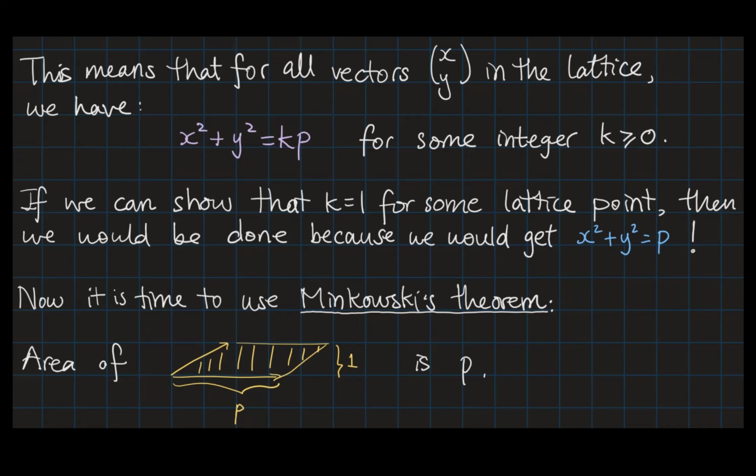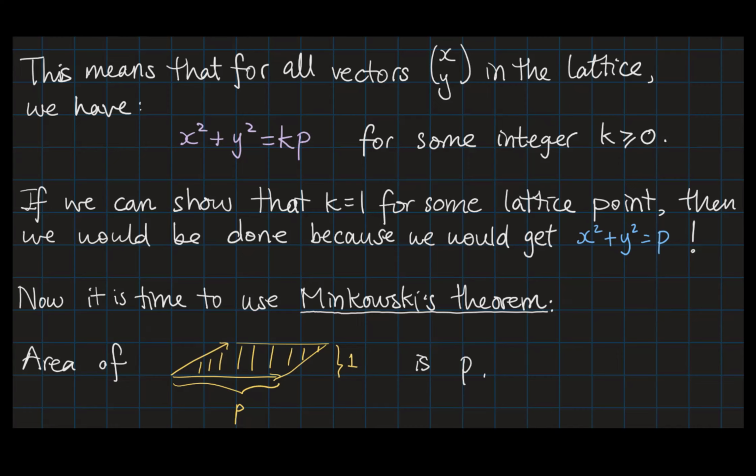So the area of the parallelogram of this lattice that we've chosen is p. And if you remember, Minkowski's theorem said that if the area of your region is greater than 4p, then it contains a lattice point that's not the origin. So our aim is to create some region that has an area bigger than 4p, and then we'll use Minkowski's theorem to show it has a lattice point in it.